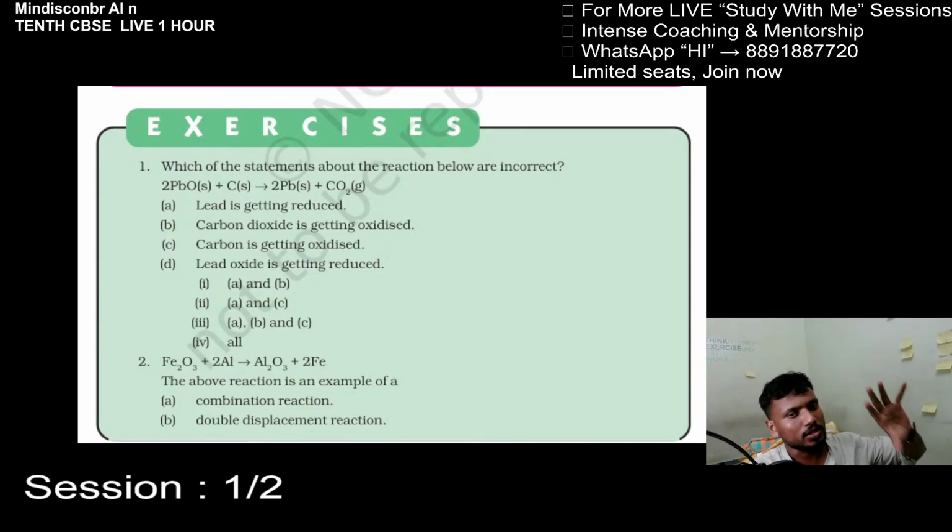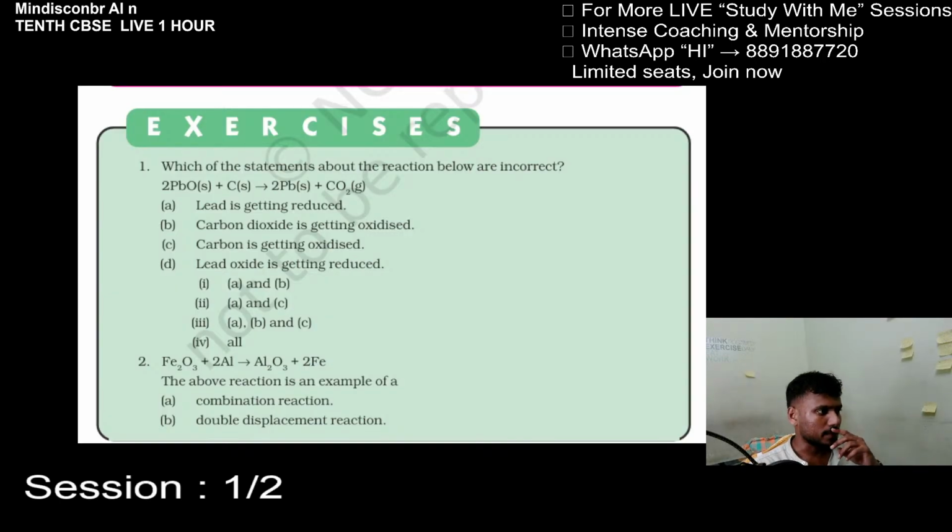In terms of electrons and hydrogen, removal is oxidation, whereas in terms of oxygen, oxidation means addition of oxygen. Reduction is the opposite: addition of hydrogen or addition of electrons or removal of oxygen.